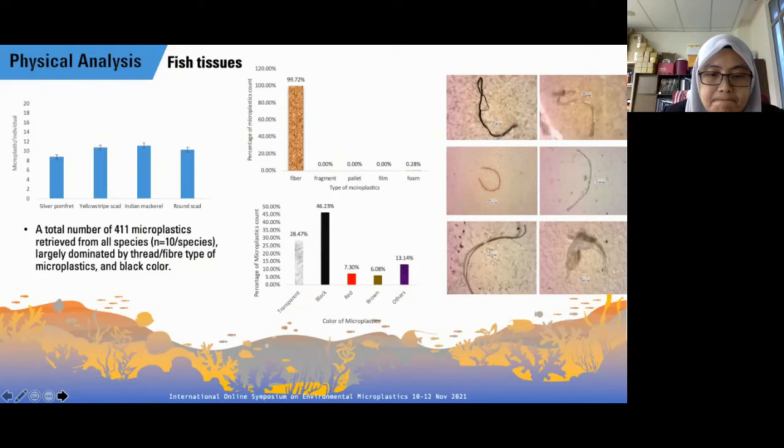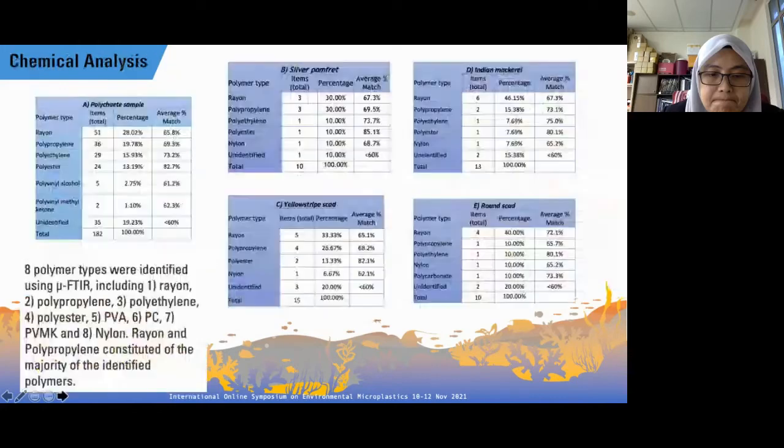For fish, the microplastics are usually found in the GIT, the stomach, the gastric content, but we would like to see if there is this small amount of microplastics in the edible tissue, because that's the part that we consume here in Malaysia. These are examples of microplastic images that we can capture using the physical analysis. And this comes from the chemical analysis.